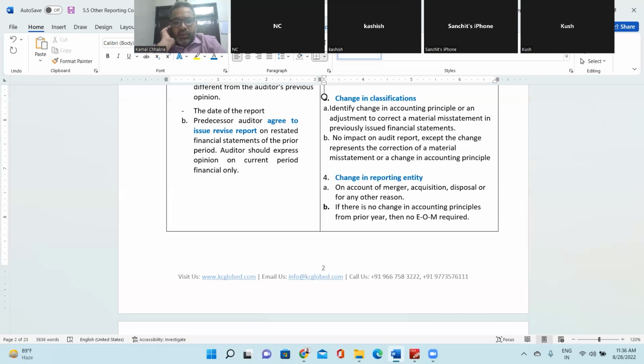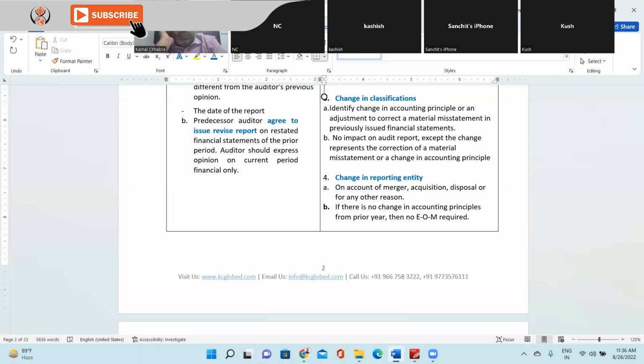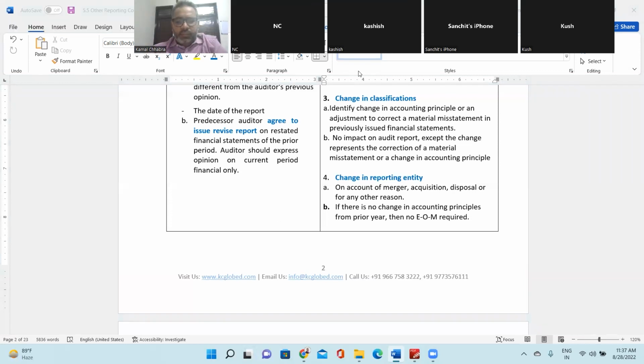If there is no change in accounting principle from the prior year, that means if you have acquired a company and their accounting principle application and your accounting principle application are the same, then no impact on the audit report is required. But if there is any change in application of accounting principle from the previous year to the current year, then an emphasis of matter paragraph is required. Make sense?